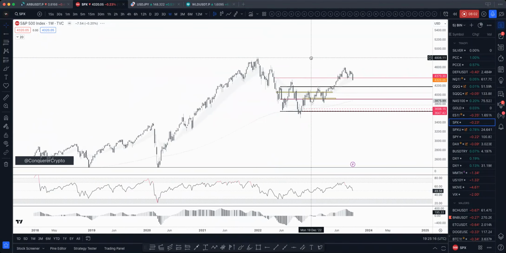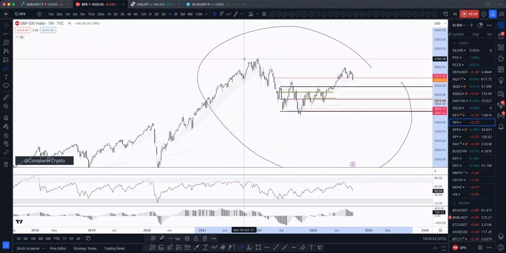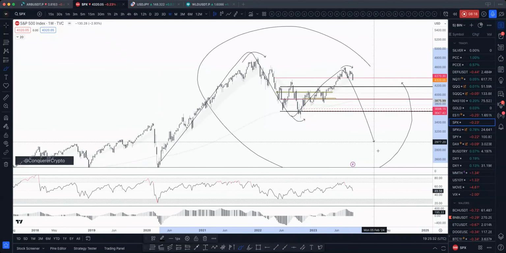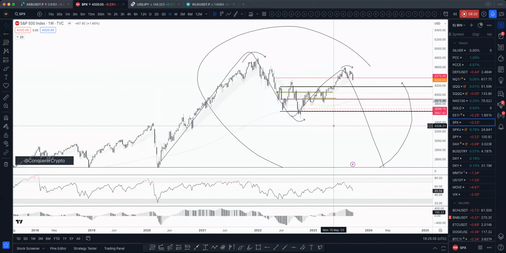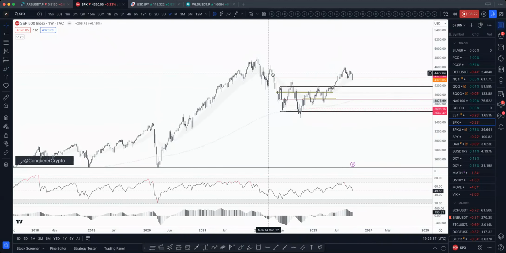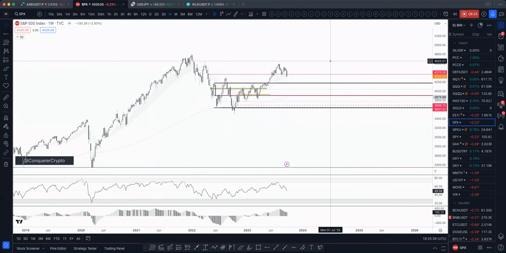So this is already looking pretty bad. Also, this whole structure, you can argue that this is the high, this is the low, and this is the potential lower high on this time frame, right? Not a good look at all.